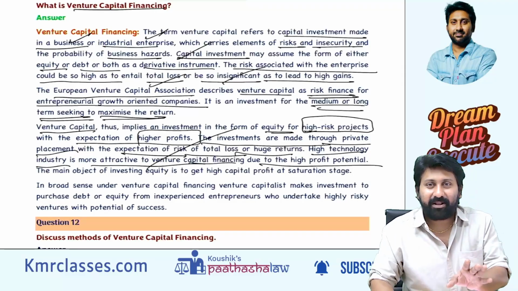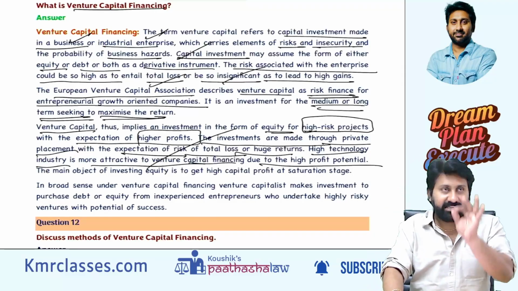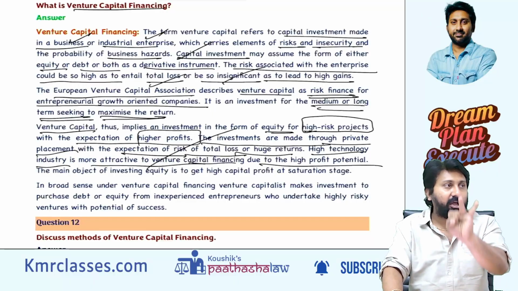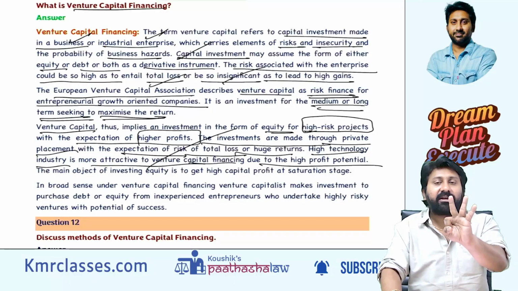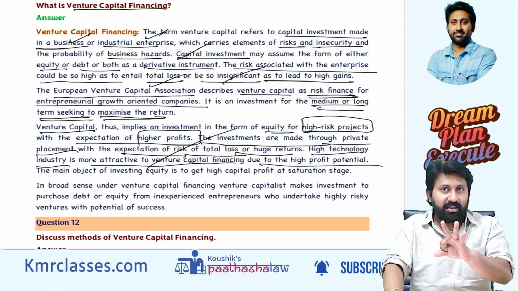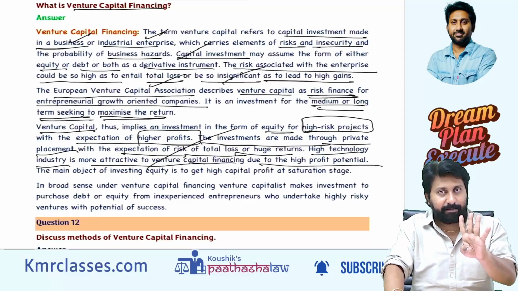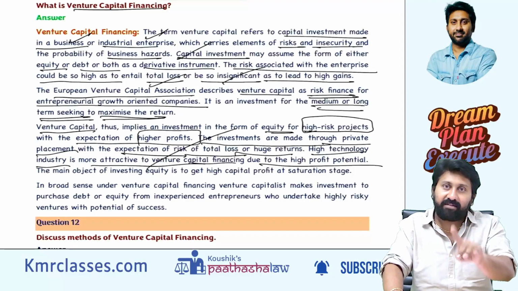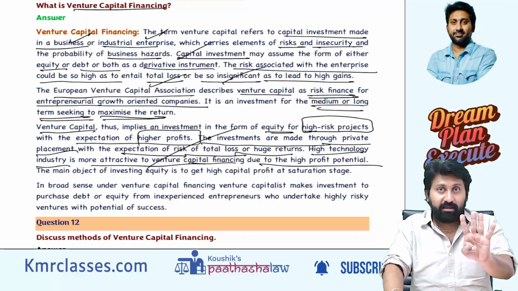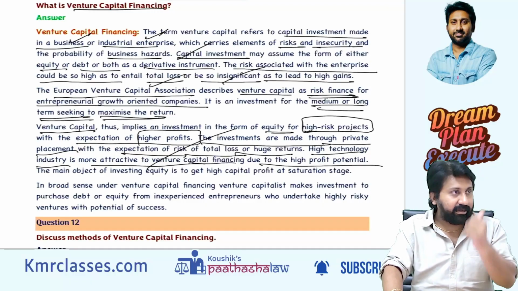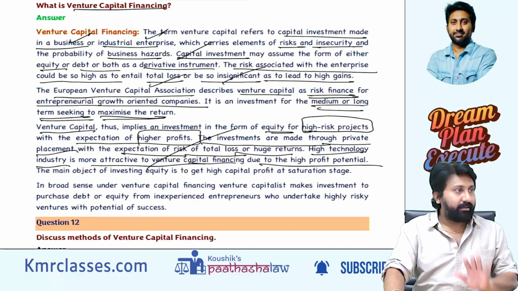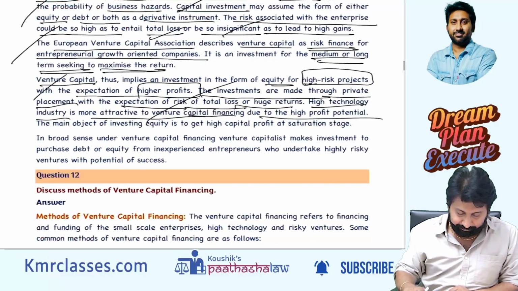Everywhere same concept. High risk projects will go for venture capital. It can be both equity, debt, or even combination of both. High risk associated enterprises will always be having venture capital. They may either give a loss or they will give insignificant gains. Where there is a high risk, there will be a high return. So these are all some points you need to quote.